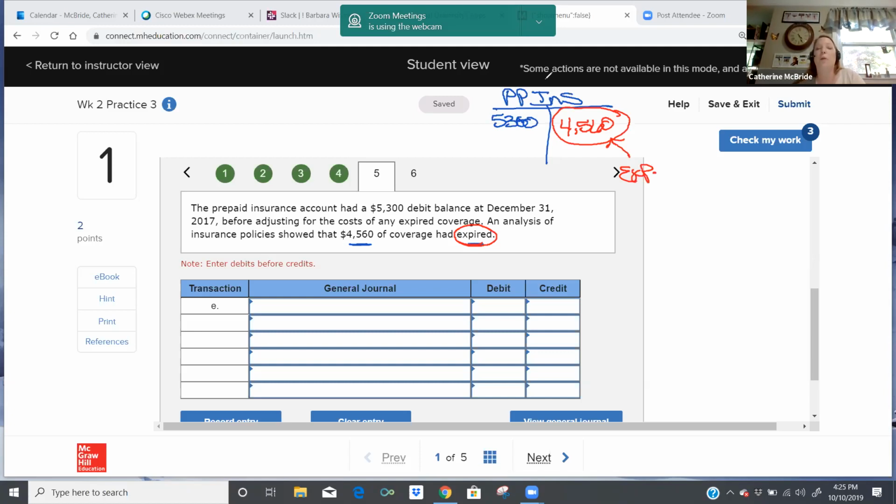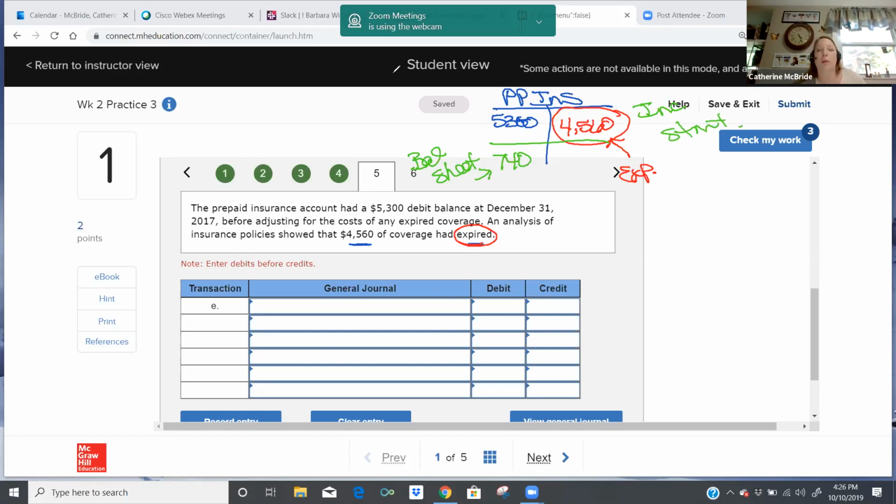Now, if we started with 5,300 and we used 4,560, then we have a balance of 740. That's going to be on our balance sheet. And this is going to be on our income statement.